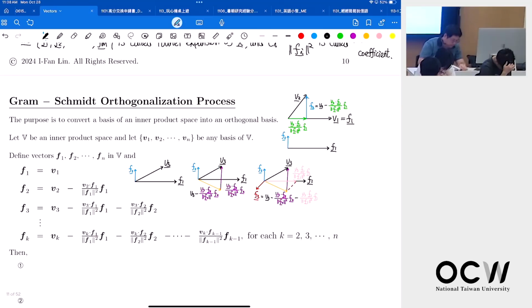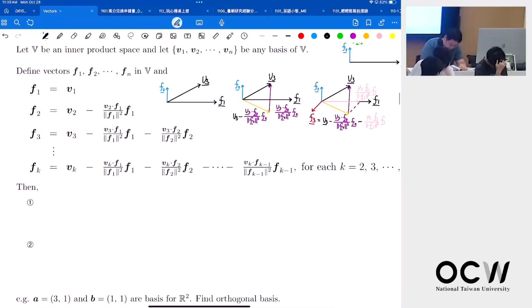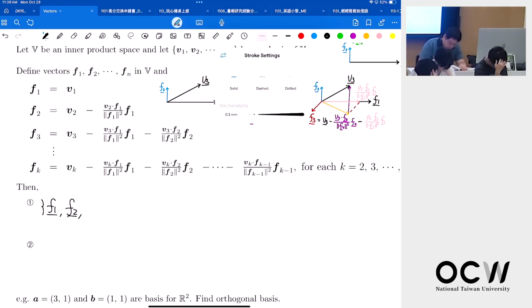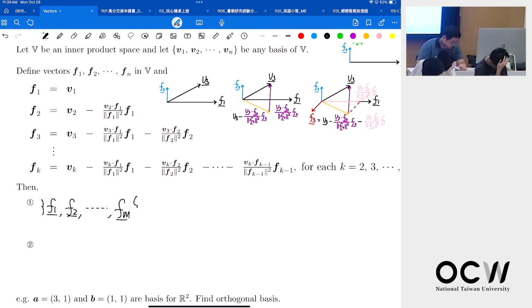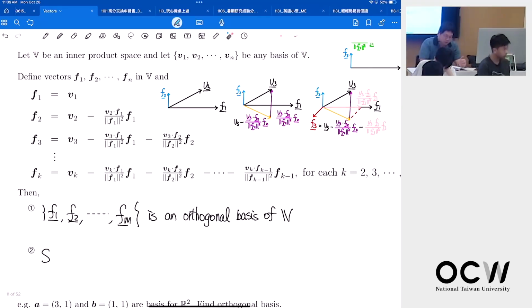We will say F1, F2 till Fm is an orthogonal basis of the vector space V. And we can say that the span, you can express any other vector with a linear combination of your orthogonal basis or your original basis.